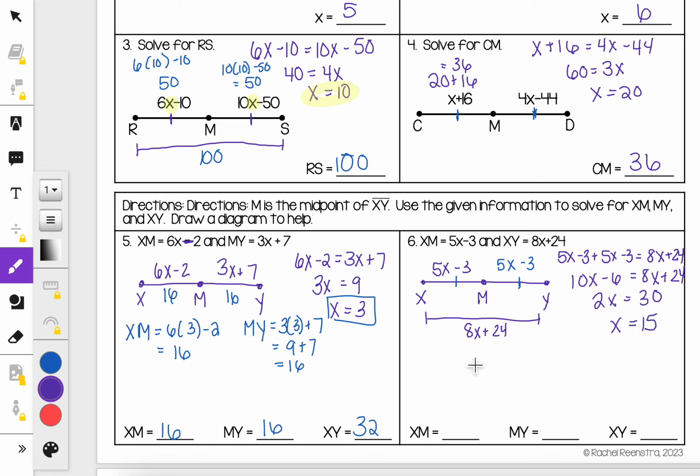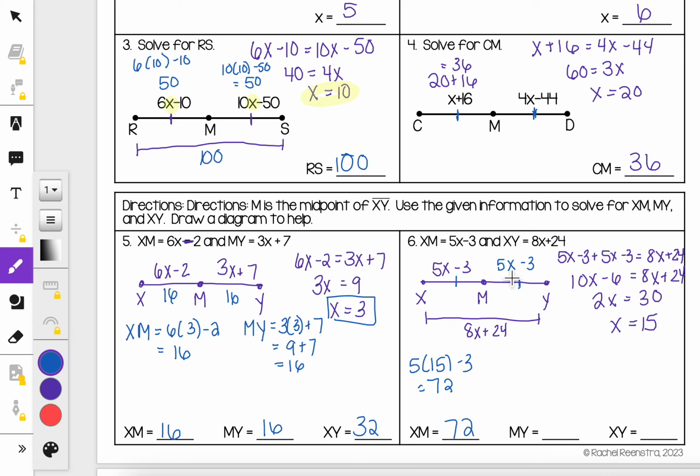Okay. Again, I do want to plug these into each of these just to make sure I'm on the right track. So for XM, I have 5 times 15 minus 3, which is going to equal 72. All right, so I have 72.